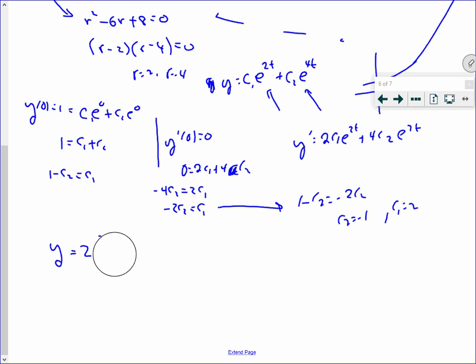Yeah, I'm getting right here: 2e^(2t) minus 1 e^(4t). Tell me what that looks like. The calculator never works on this computer. So yeah, put in x instead of t, but let's see. And start at t equals 0. We don't care what's going on over here.